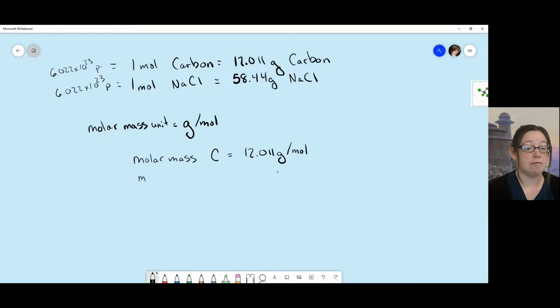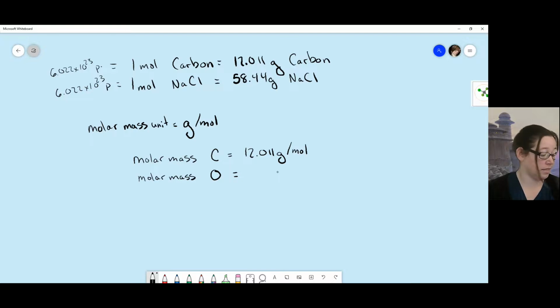So the same thing for molar mass of oxygen. We're going to go look at it. We're going to remember that it is number 8 on the periodic table, right?